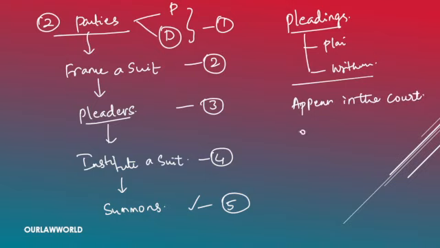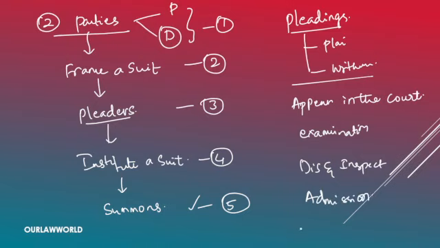And when they appear, examination of the parties takes place. Next is discovery of facts and inspection, and admission of the facts. Then they provide all the original documents to the court.